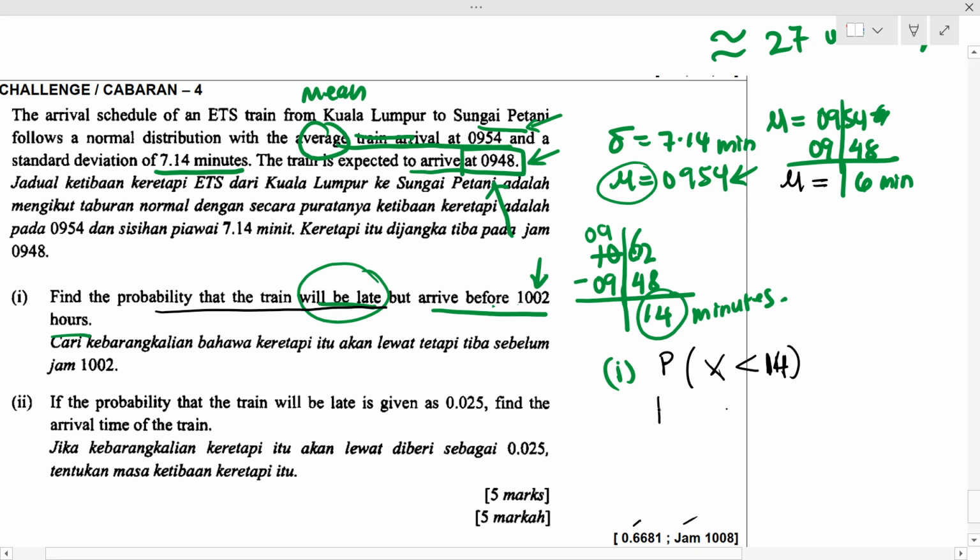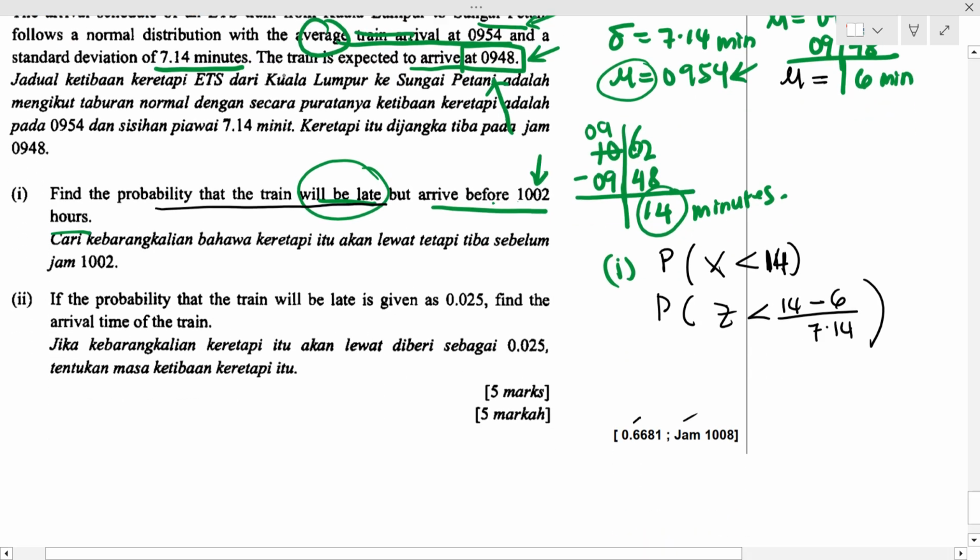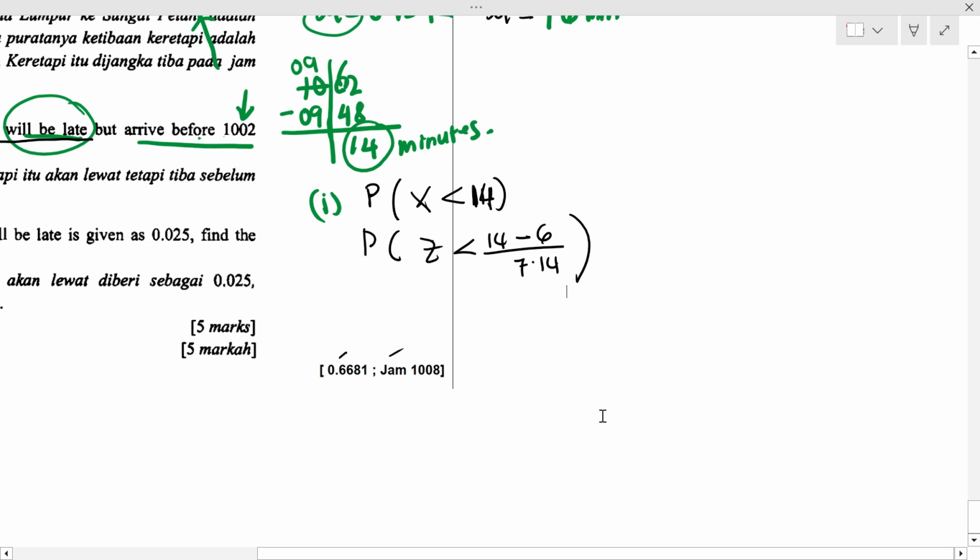I think it should be working. 14 minus 6 over 7.14. Okay. Right. What do we get here? 8 over 7.14 is 1.120.